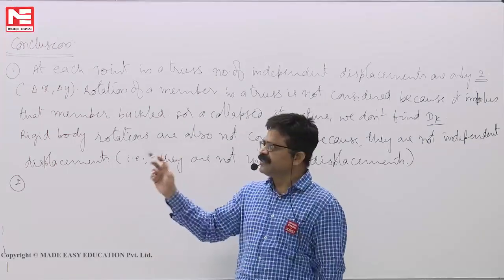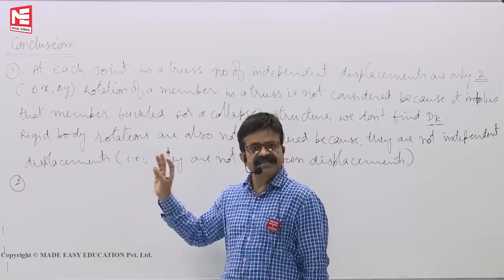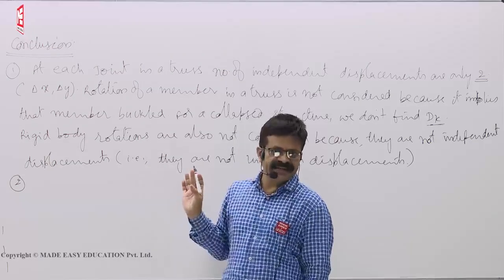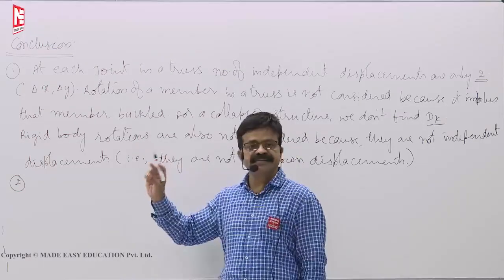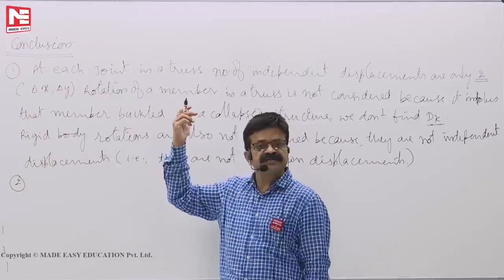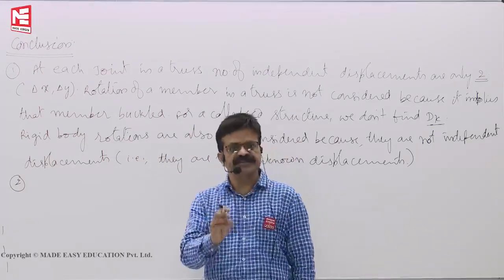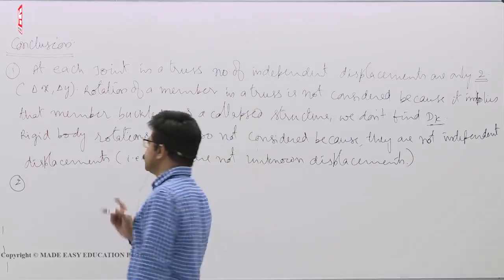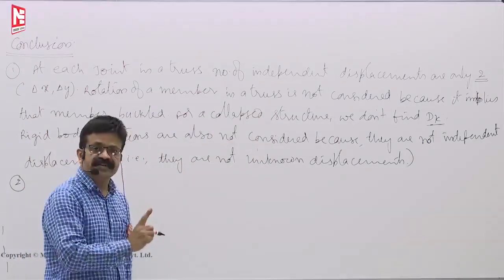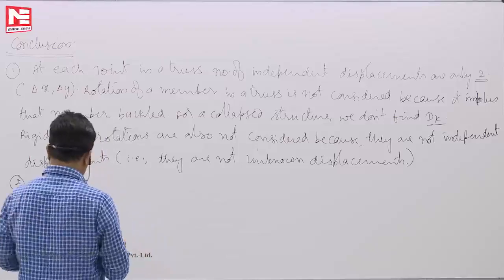So here only one case. Members are extensible case only, we can take. Members are axially rigid, you cannot take, because forces you cannot neglect. Considerably large amounts of axial forces will exist. So the question of the axially rigid case in trusses will not exist.